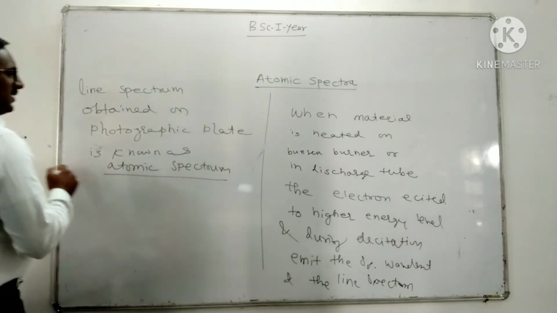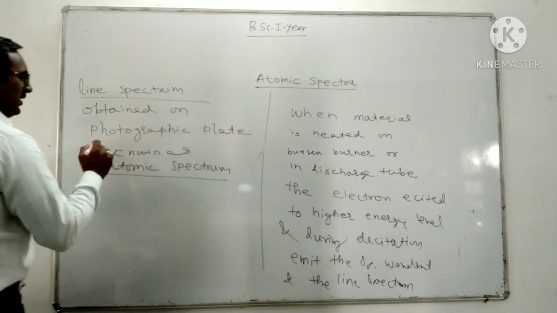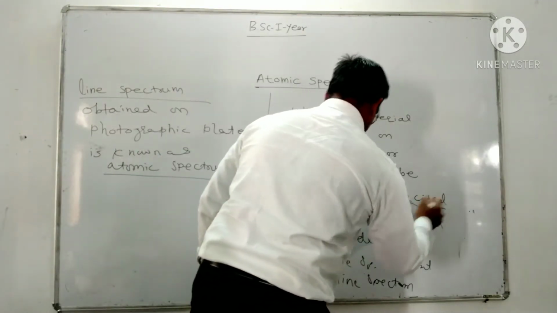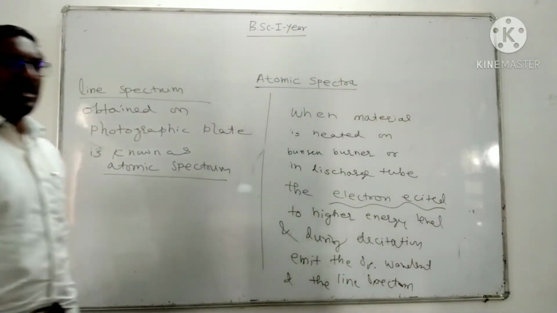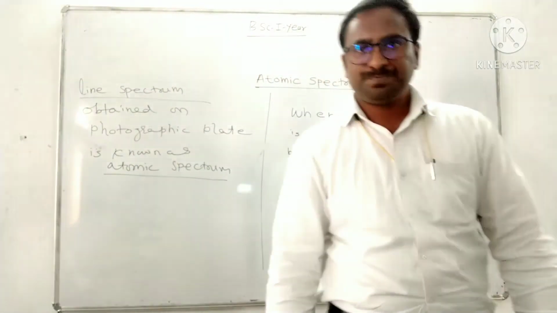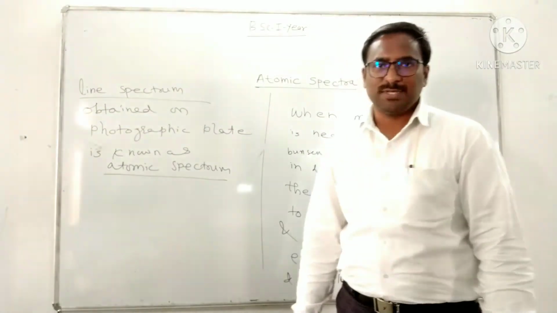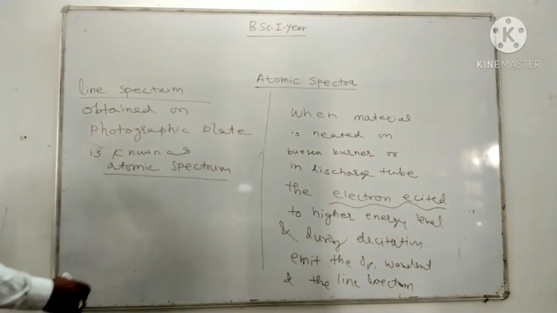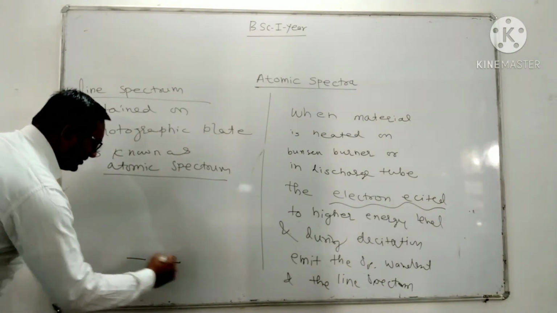So what is this atomic spectrum? It is a line spectrum obtained by electronic excitation. What is this electronic excitation and de-excitation process that we want to demonstrate here? Suppose these are the different energy levels.